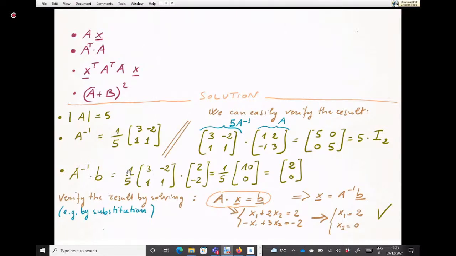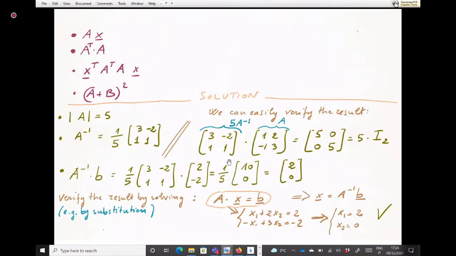Just use it in the last solution step. So in general, computations are easier. So the solution vector is again 1 over 5 times (6 plus 4, 10), (2 minus 2, 0). Okay, so the solution vector is 2, 0.